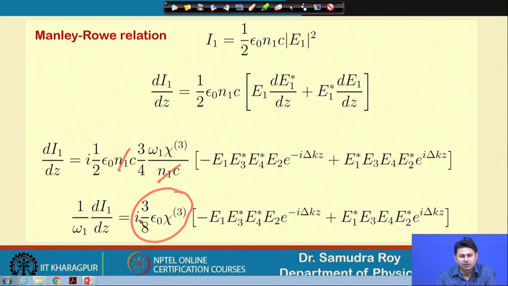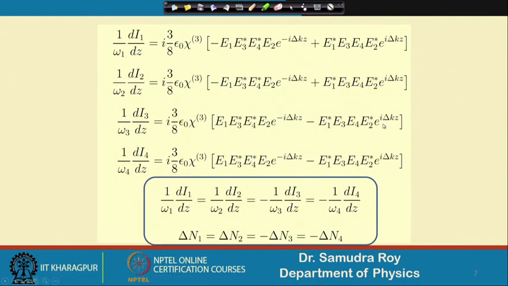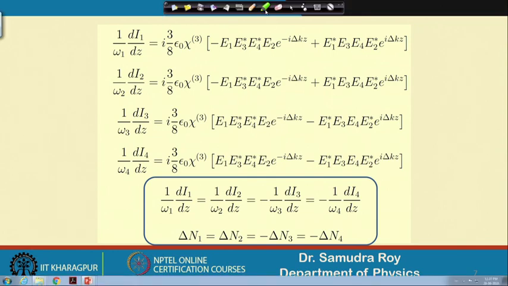This should be the same for all the terms. Inside the bracket we have something here. Now, we will do the same thing for E2, E3 and E4. If we do these things for E3, E4, E2 and E4, you are going to get a similar kind of expression here for I2.